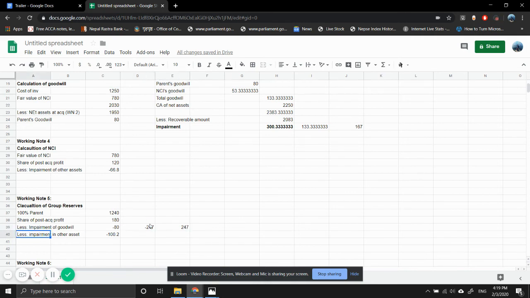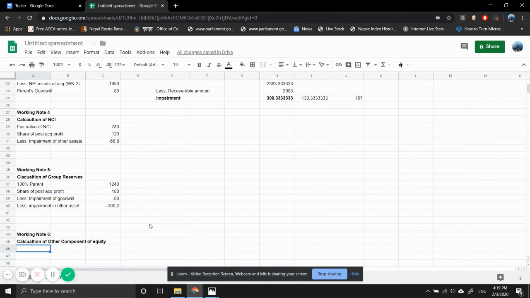Okay, so leaving that aside, let's figure out our other component of equity as well. So what has happened with other component of equity? Parent.